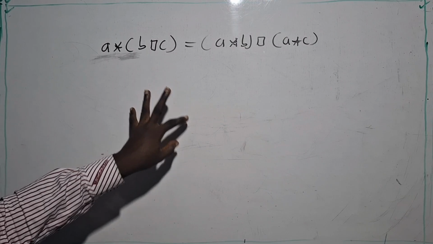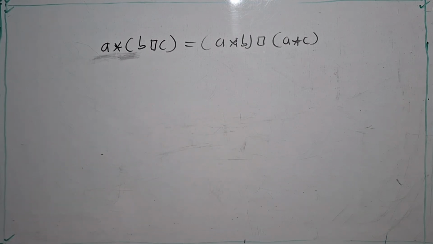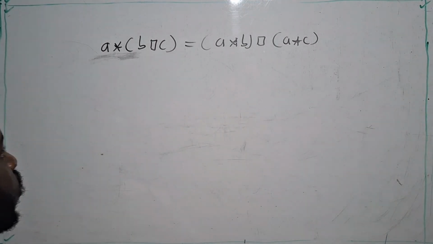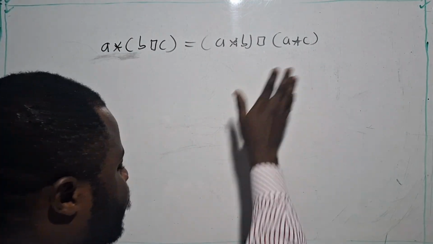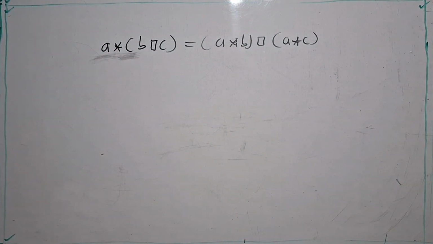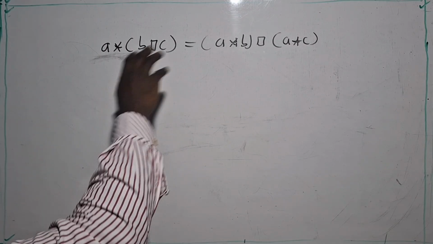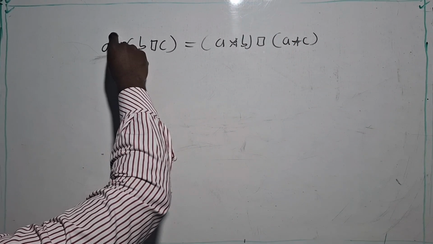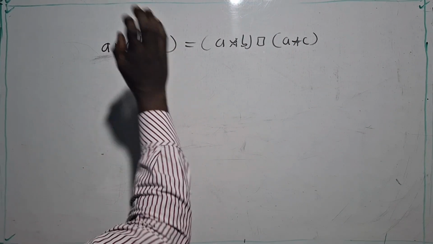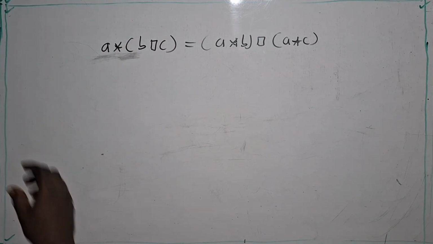So 3 given elements defined over 2 operations combined in this form. If the answer here gives the same answer here, it means the operation is distributive, or one operation is distributive over the other one. We can say this operation is distributive over the second one.